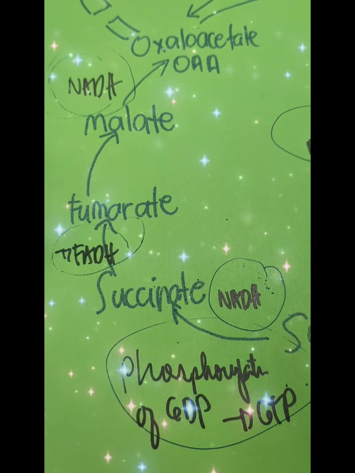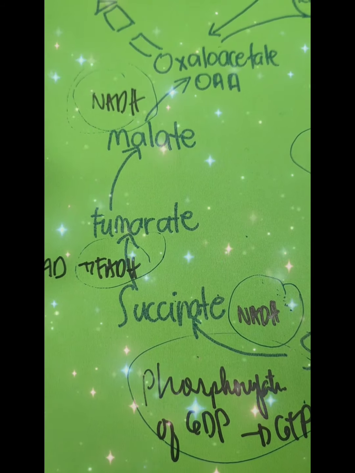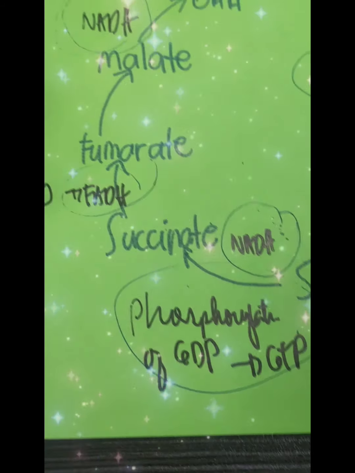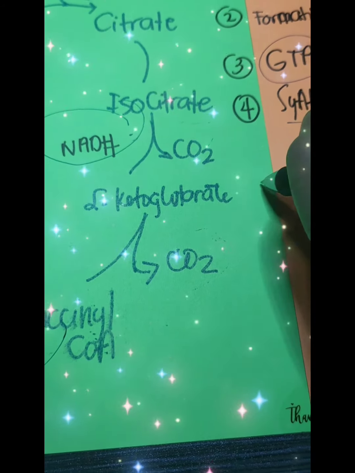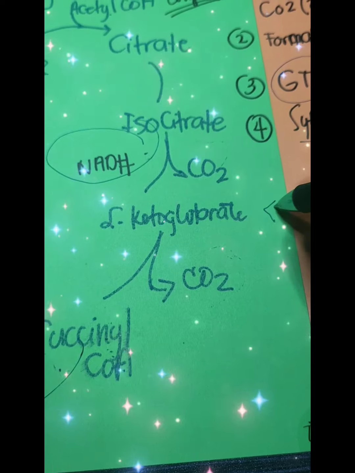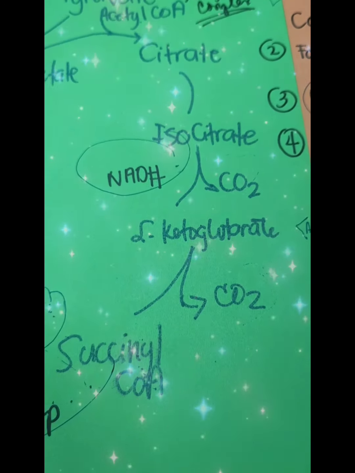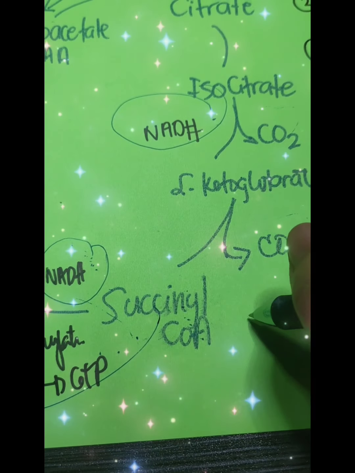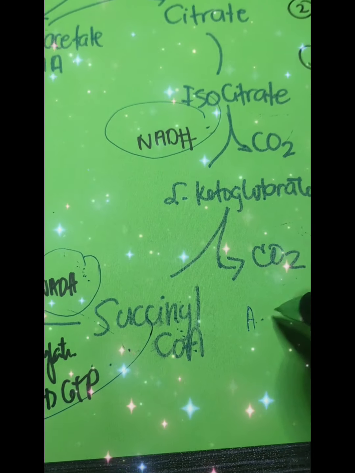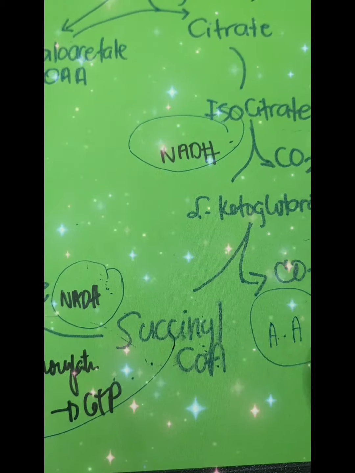Okay? And of course, synthetic reactions. Paano po yung synthetic reaction? Do you remember your alpha-ketoglutarate? The alpha-ketoglutarate can actually be from your amino acids. Okay? Not only that, your succinyl-CoA can also be from your amino acid.